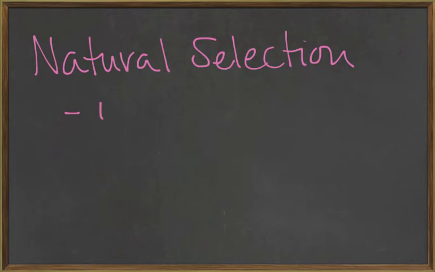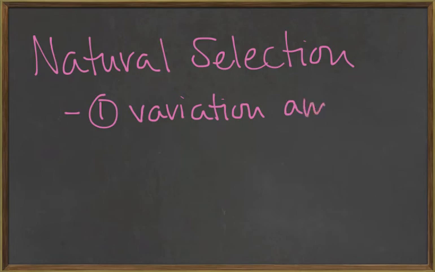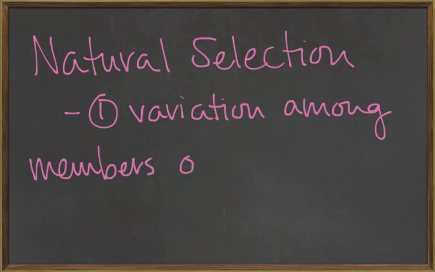With this one, in order for natural selection to exist, variation among members of a population must be present. So you have to have variation.